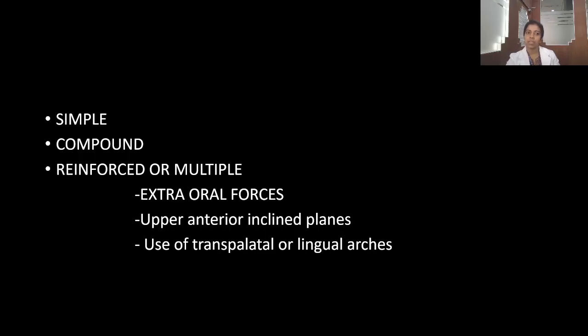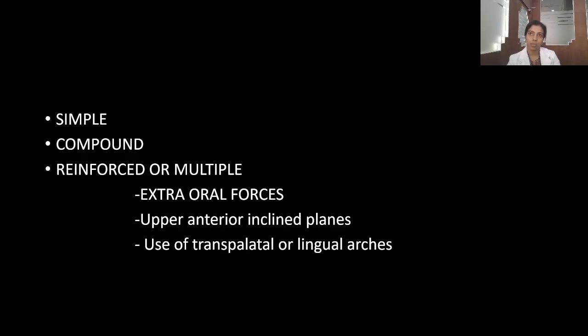Next classification we have seen: simple, compound, reinforced. Simple means for a single tooth, compound where there are multiple, and reinforced or multiple, where we are using an extra additional source of anchorage. You have already seen the extraoral anchorages. So when the intraoral sources of anchorage are not adequate for the required tooth movement, we may require extra anchorage from other additional structures.